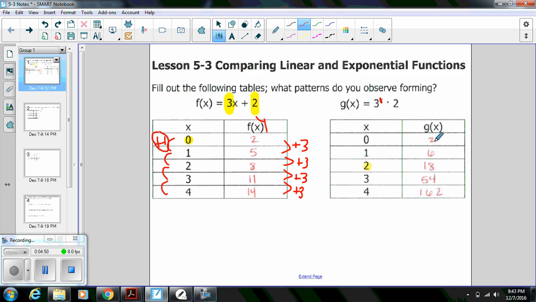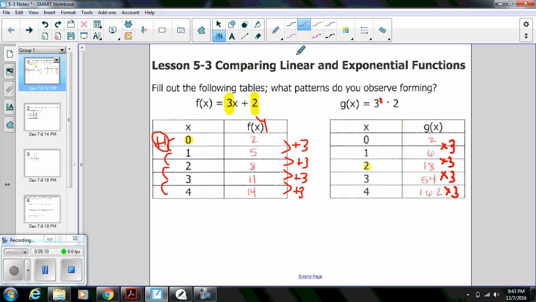But if we look at this, 2 times what is 6? 2 times 3 is 6. 6 times 3 gives me 18. 18 times 3 gives me 54. 54 times 3 gives me 162.